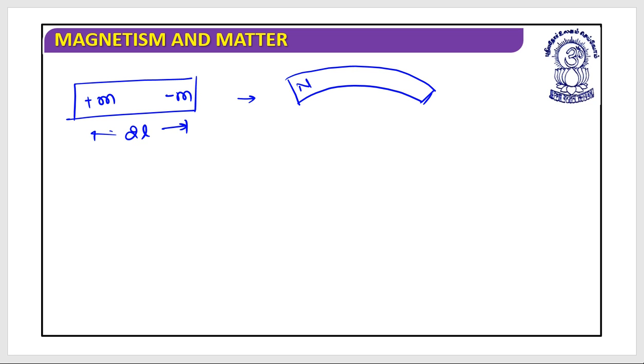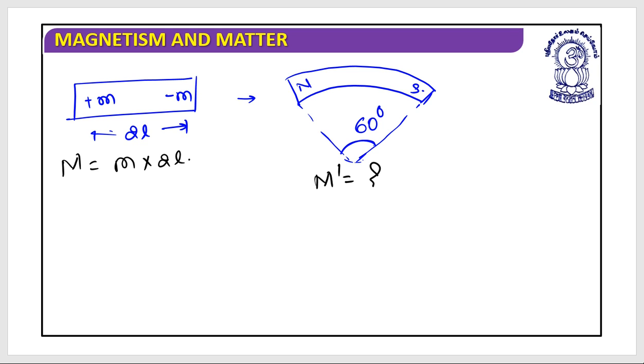Let's suppose this is north, this is south, and if I extend this, this could be the 60 degree. So this m should be equals to m into 12. They have asked what m dash is.